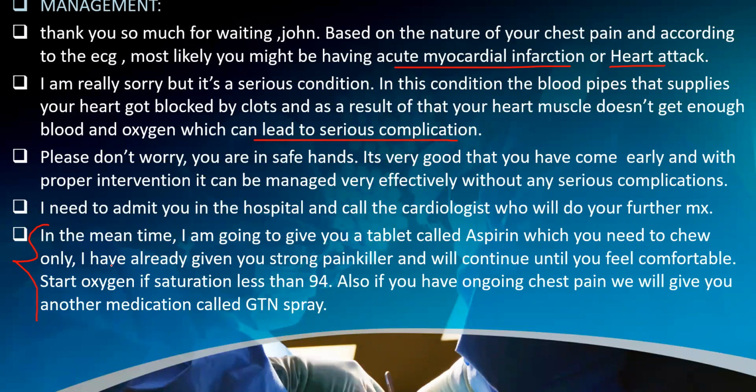I have already given you a strong painkiller and will continue until you feel comfortable. If you're still having ongoing chest pain and your blood pressure remains stable, I can also give you another medication known as nitroglycerin, which can relax your heart blood pipes and give some more blood supply to your heart muscle. Anytime your oxygen saturation goes down, I would also start you on oxygen.